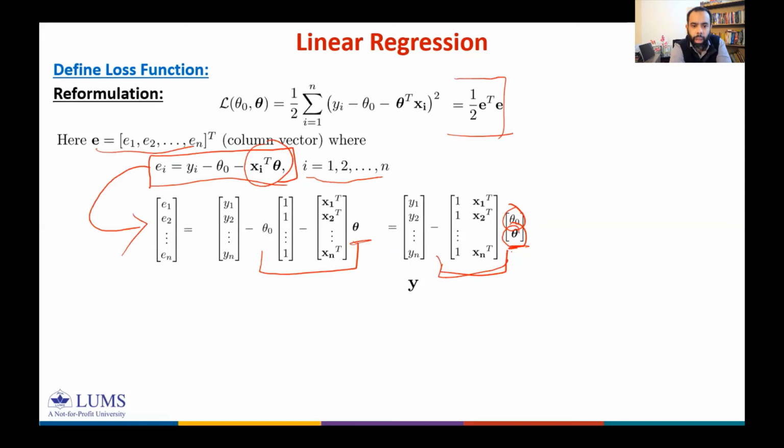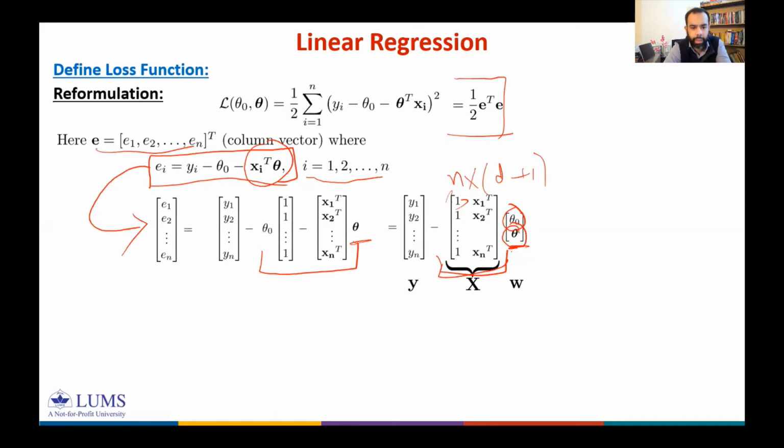It would be the number of data points, n, times d plus 1, right? Where d is the dimension of x1 and you have this one additional. Call this matrix X. And we observe that this matrix only depends on your inputs, right? And I'm going to call this vector of theta naught and theta as W, because these are the weights. That's why I have chosen W to denote this vector.